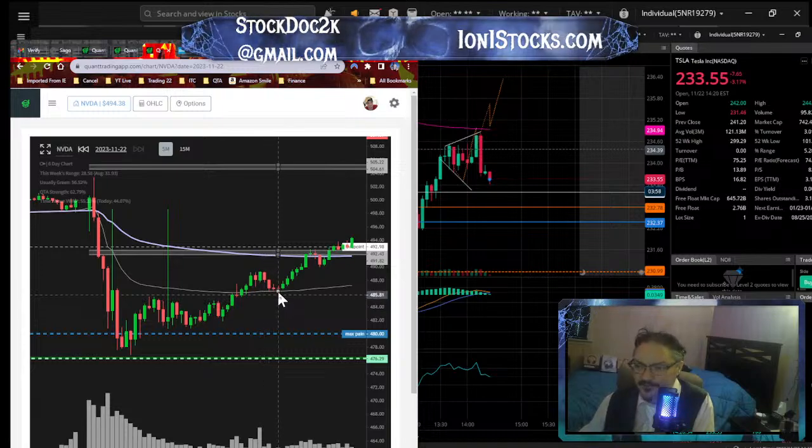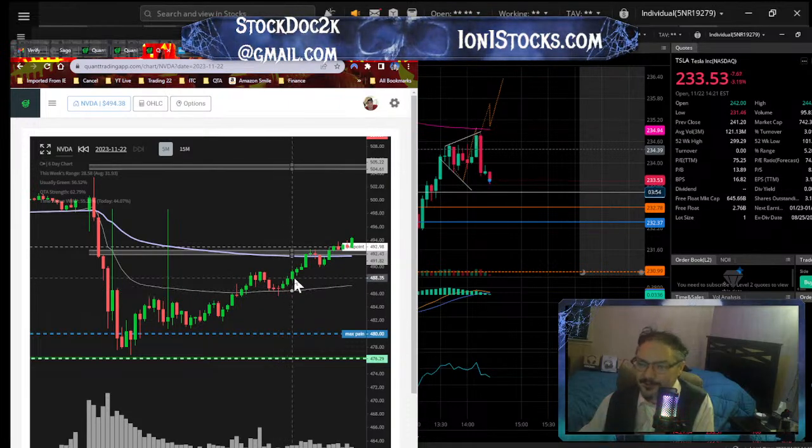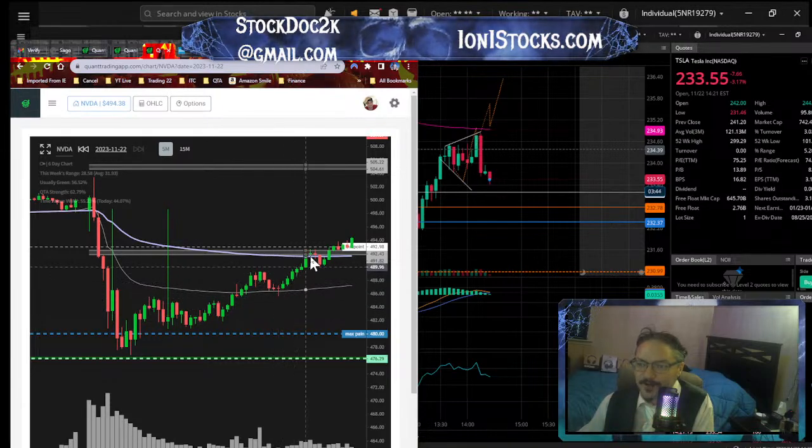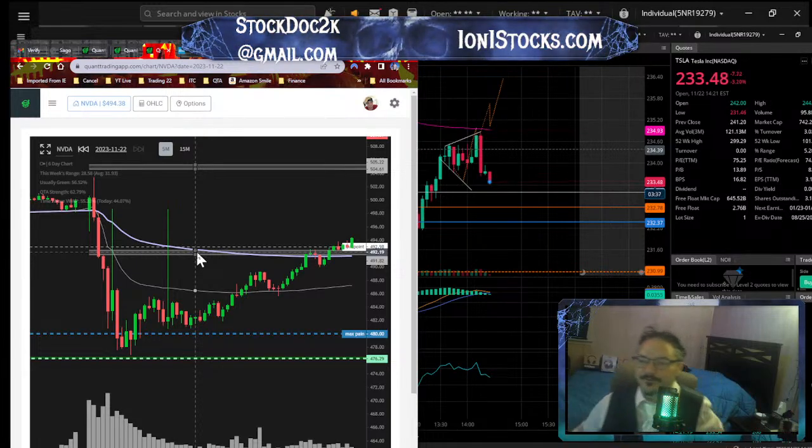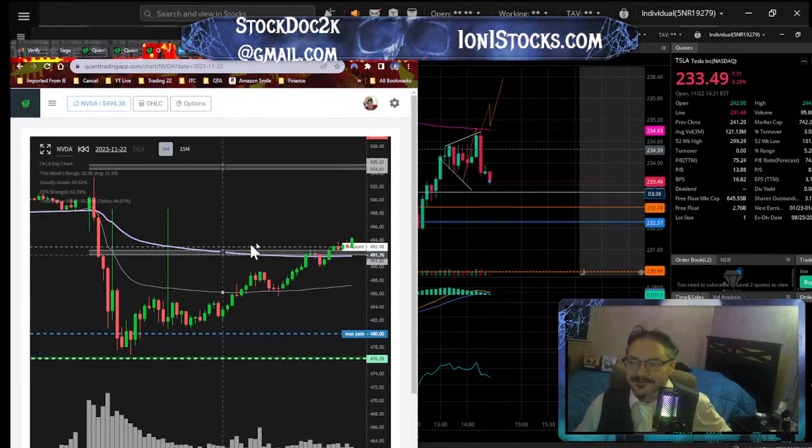So it bounces off of this with a beautiful little candle right there. Now, that tells me buying pressure is on. On the second touch, I wish I had picked up on that. It flew right up to, hey, guess who's in play now? The 2-day VWAP. And look how it became confluent with the intraday and the midpoint.